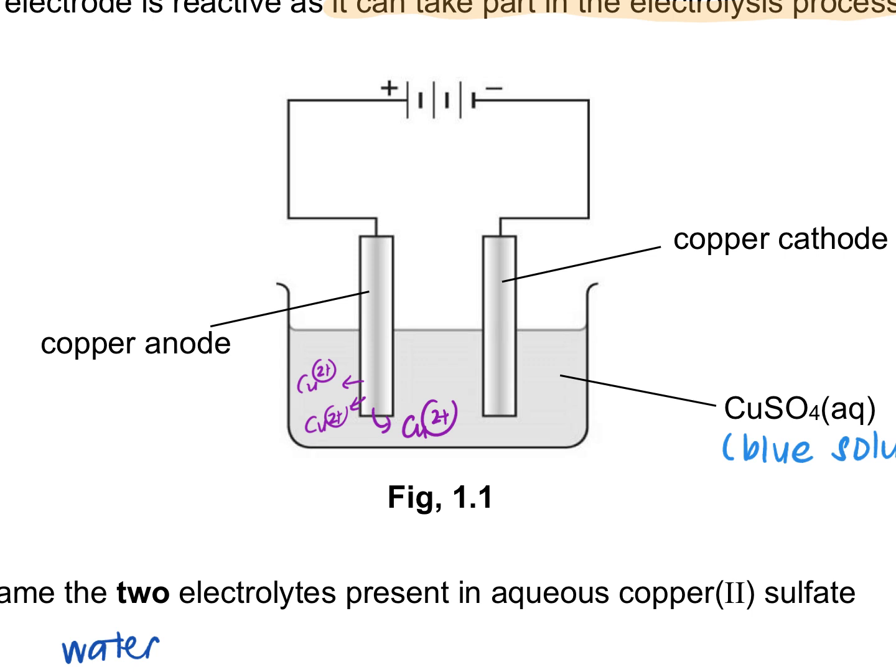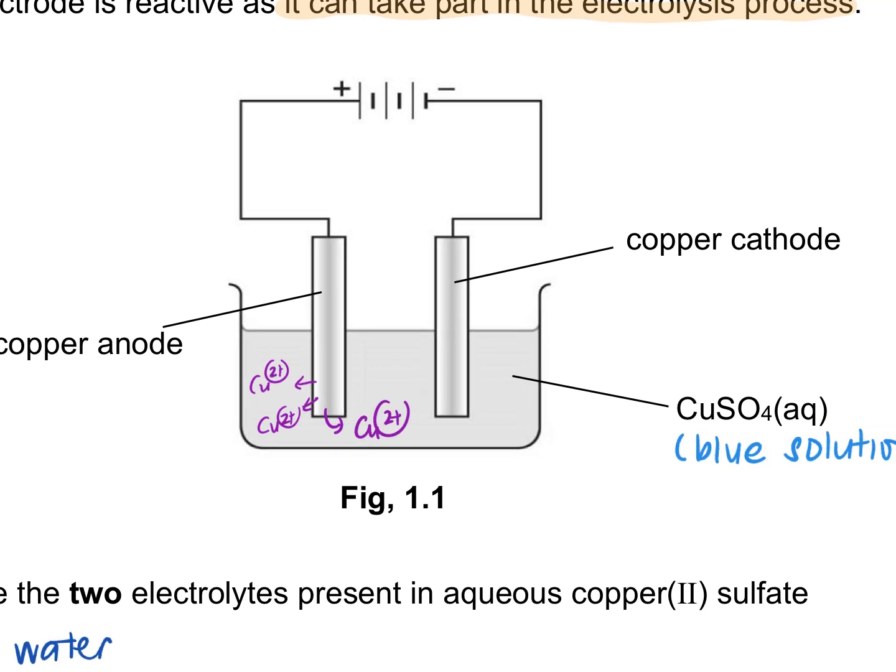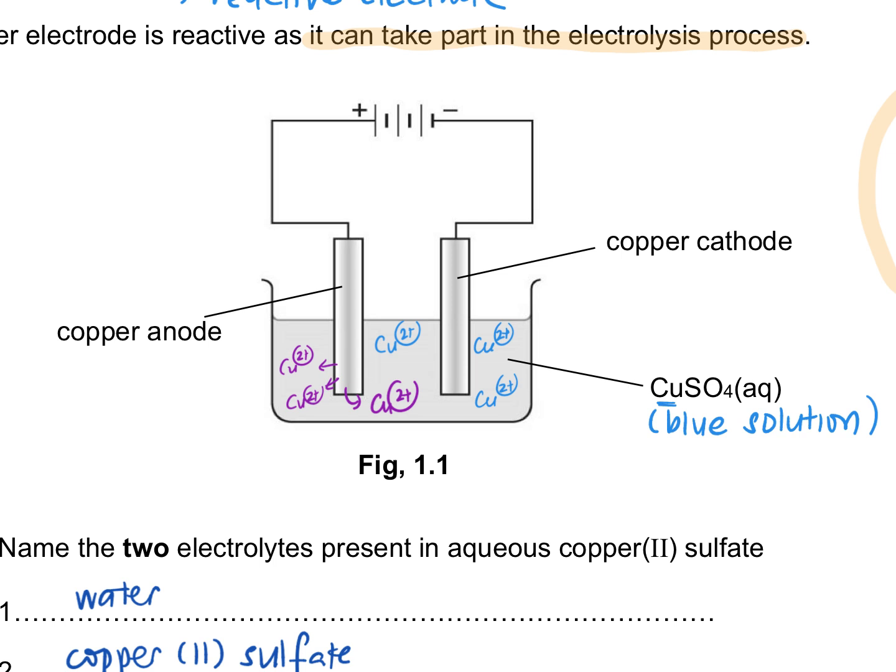At the same time, because the electrolyte is a copper 2+ salt solution, you already have a lot of existing copper 2+ ion here. So this one is from the solution itself. I have 2 different color-coded copper 2+ ions. One comes from the anode, one comes from the electrolyte.